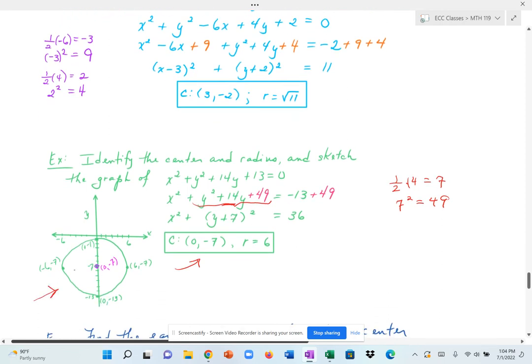The center's here in the middle in this purply pink color. You count 6 units up, that's at 0, -1, down, that's at 0, -13, to the right, that's at 6, -7, and to the left, that's at -6, -7. And connect the 4 points on the outside and you have your circle.